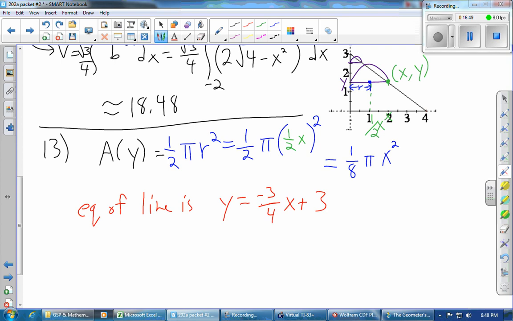And what we were trying to do was get this to be only y's, which means I want to get rid of that x and replace it with y's, which means I want to solve this equation right here for x. So subtract the 3, multiply by -4/3. A couple of steps in one here. So we get y minus 3, and then multiply by -4/3. I'll go ahead and distribute.